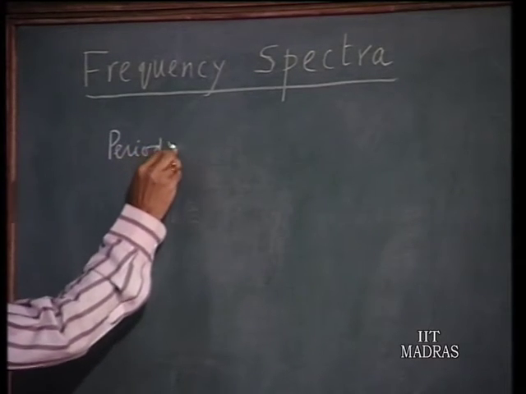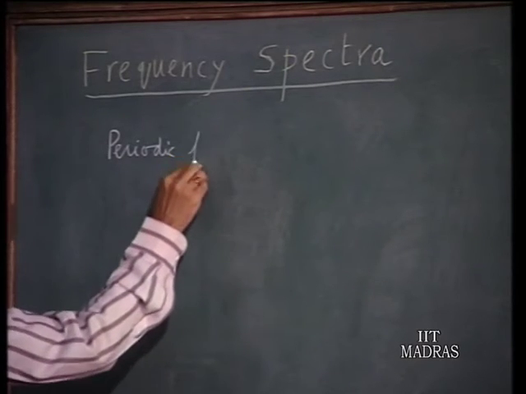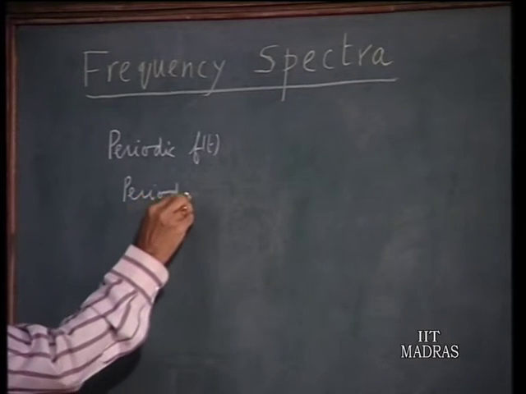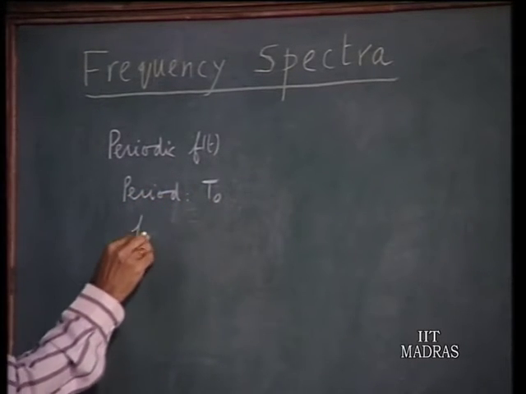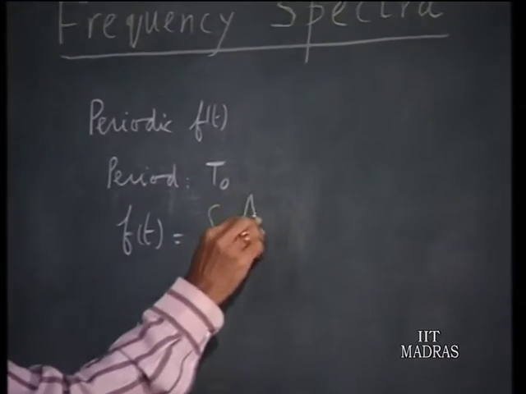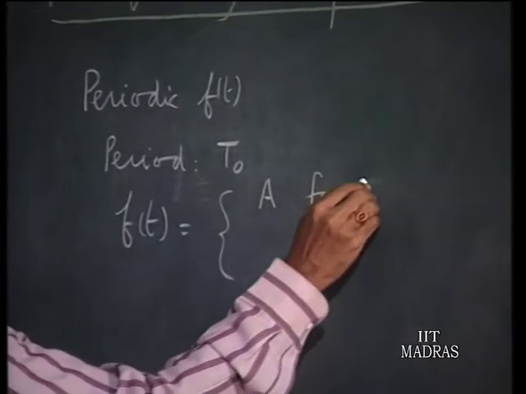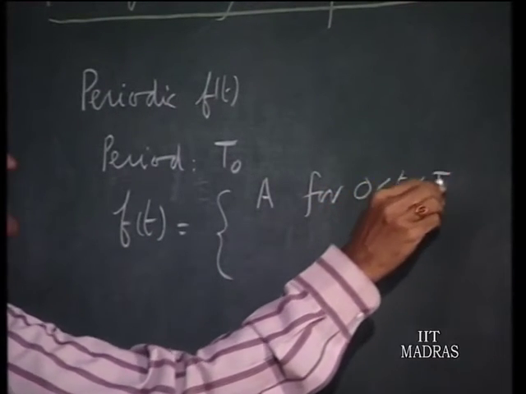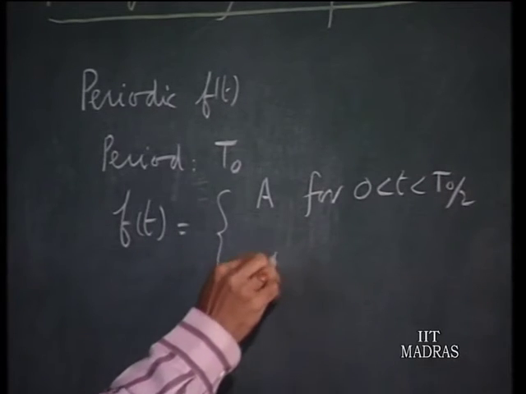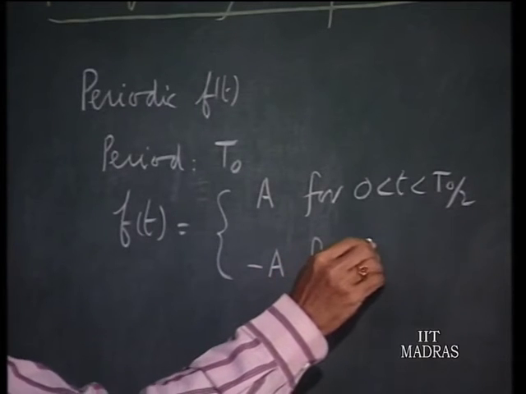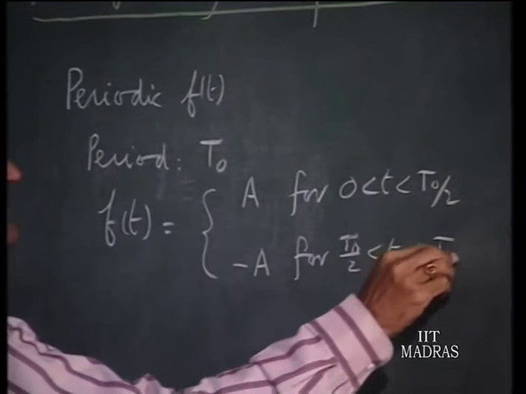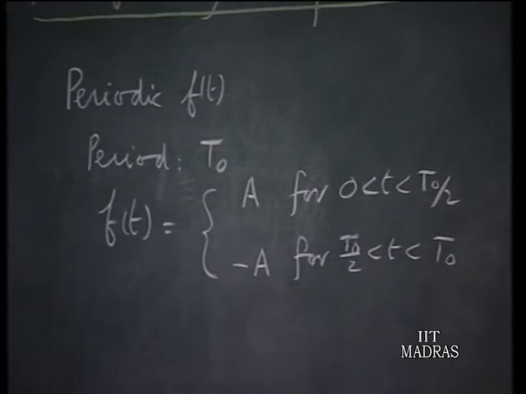Suppose I describe the periodic function of time as follows: period is T0, and f(t) equals A for t ranging from 0 to T0 upon 2, and minus A for t ranging from T0 by 2 to T0.